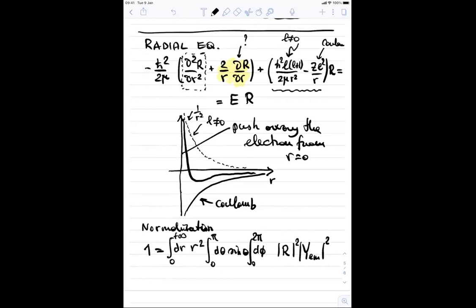Is it clear? This is the normalization. Remember that in 3 dimensions, when I integrate, I need this r square, okay? And then I have the angular integral with the sine theta and so forth.